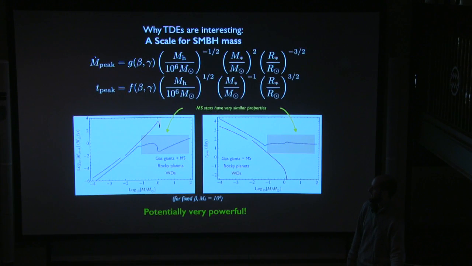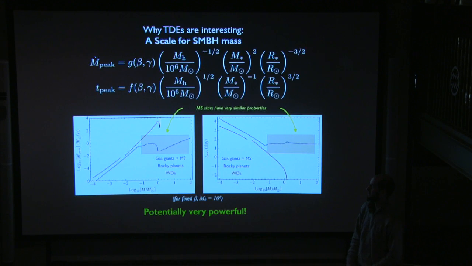So why is that interesting? Well, we have these fairly basic scalings that depend on black hole mass, star radius, and a function that depends on stellar structure and beta. That function we found did not depend very heavily on either impact parameter or stellar structure.